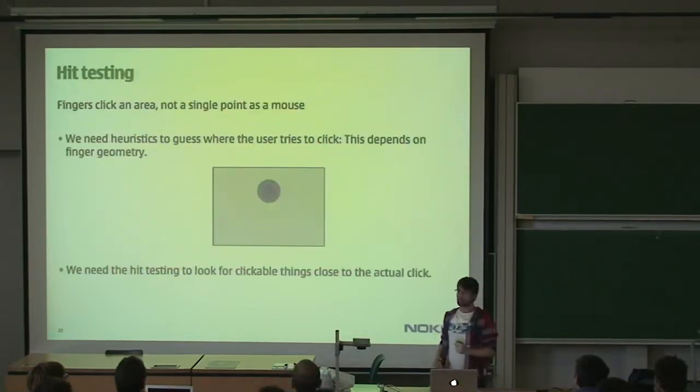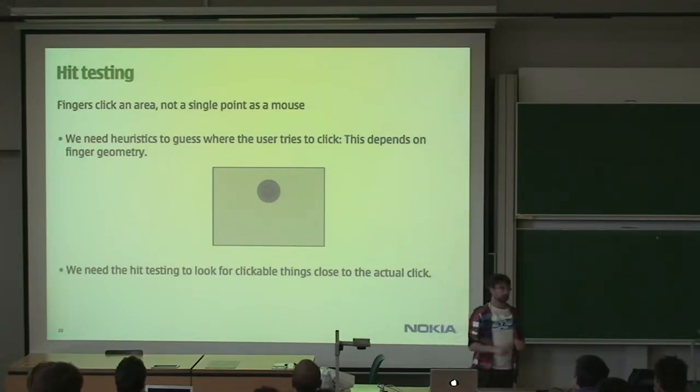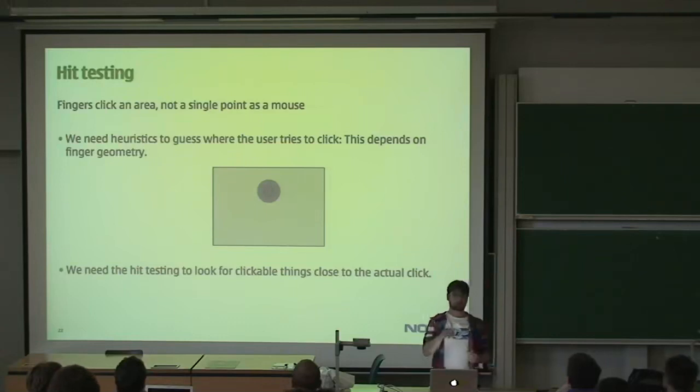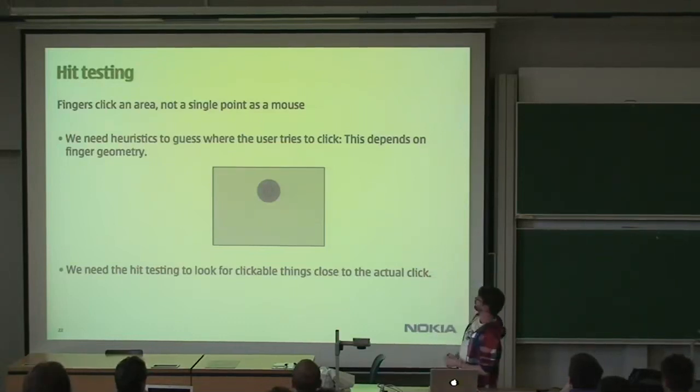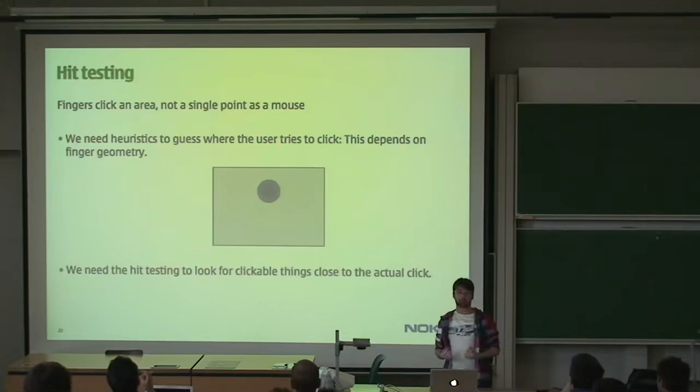Something else, that I said before, is that when you click on the device with your finger, you have a touch area. So you'll need to find out a point where you clicked. Normally, this will be the touch area you get from the touch point, and normally you can do that by user test. You find out that people actually want to click a bit above that area, like where I put the dot here. So you can take that as a starting point.